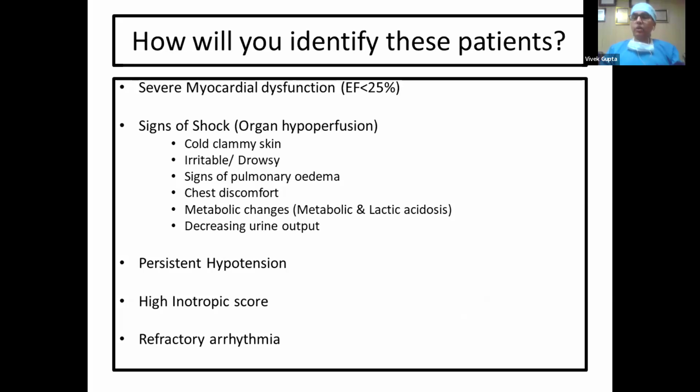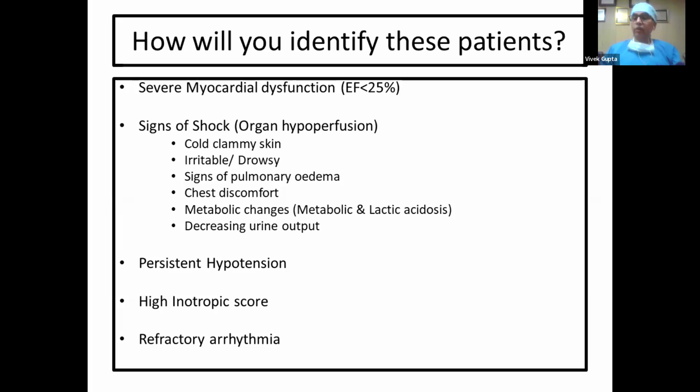There must be some issue with the heart, because when we say VA, it means it is going to support the heart as well as the lung. So when there is severe myocardial dysfunction, leading to an ejection fraction less than 25 or 20%, and cardiac output is low, you get signs of hypoperfusion like cold clammy skin.